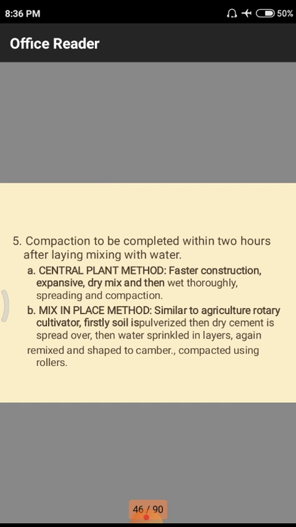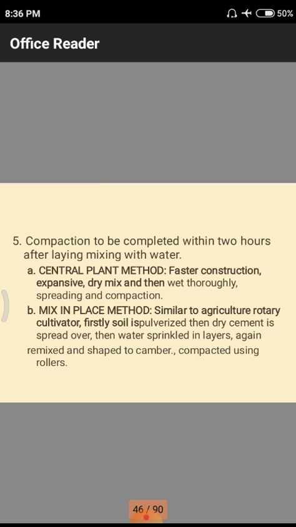Likewise, in the central plant method the total mixing takes place at the plant, and the mixed material is transported to the site. At the site itself we do the compaction and consolidation, and then we get the strength.